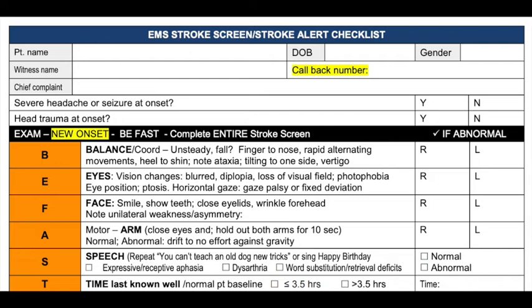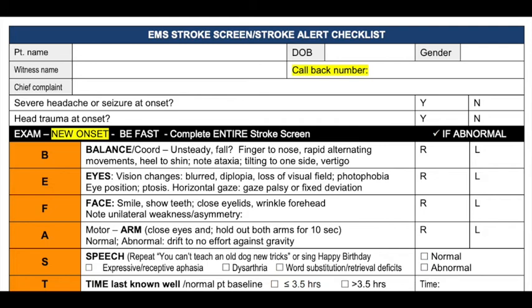Moving on to arms, it's very important, this is the drift test: the patient closes their eyes and holds their arms out. We want to hold this for 10 seconds. We may not need to hold it for 10 seconds because their arm might start drifting right away. Then we have speech. The common thing is you can't teach an old dog new tricks or sing happy birthday.